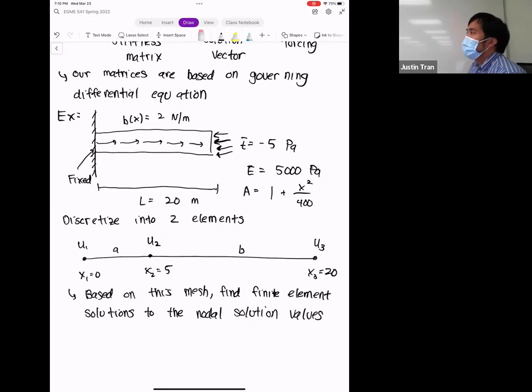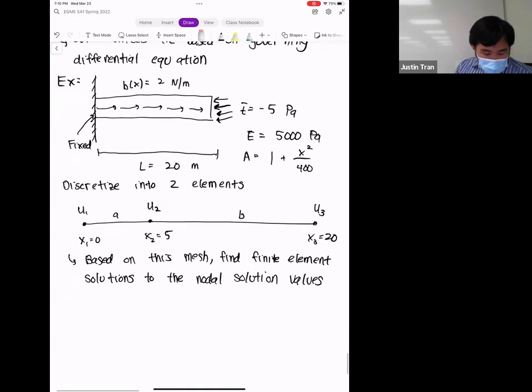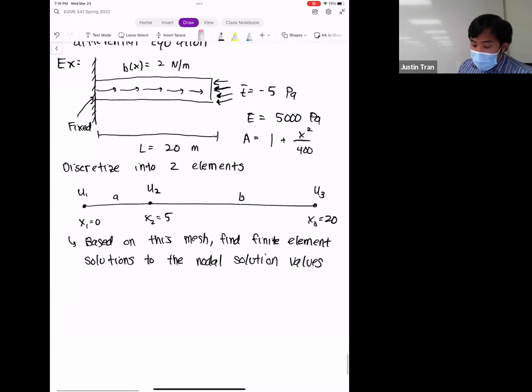Obviously I could solve this with truss equations, but because we have the body force and the varying area, this is more appropriate to solve with the methods that we've been doing, because we're equipped to solve for those kinds of situations. Any questions on the problem setup here?